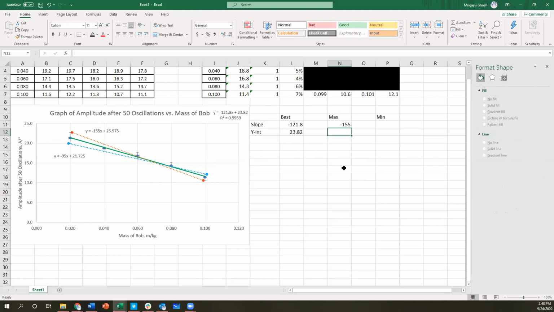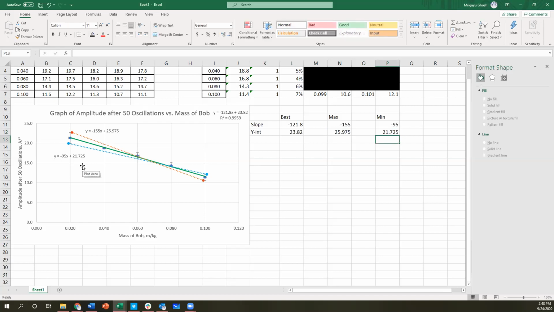Our min line slope is -95, right? The y-intercept of this one is 25.975, right? And then the minimum y-intercept is 21.725, right?